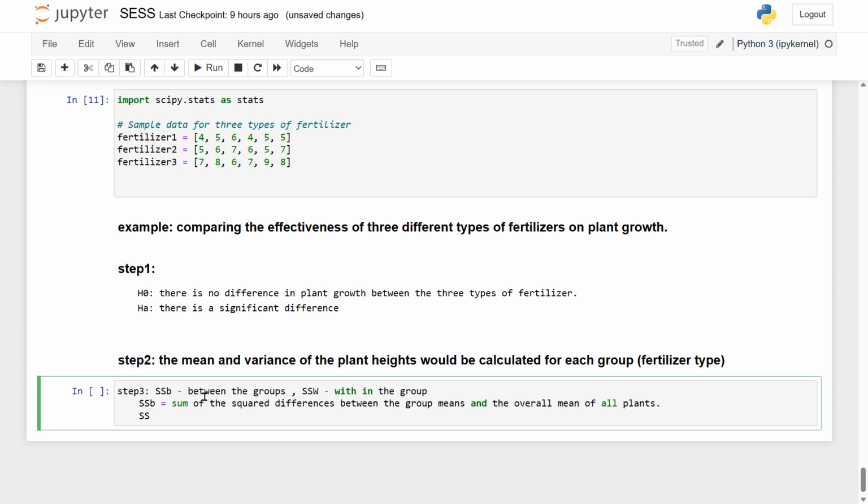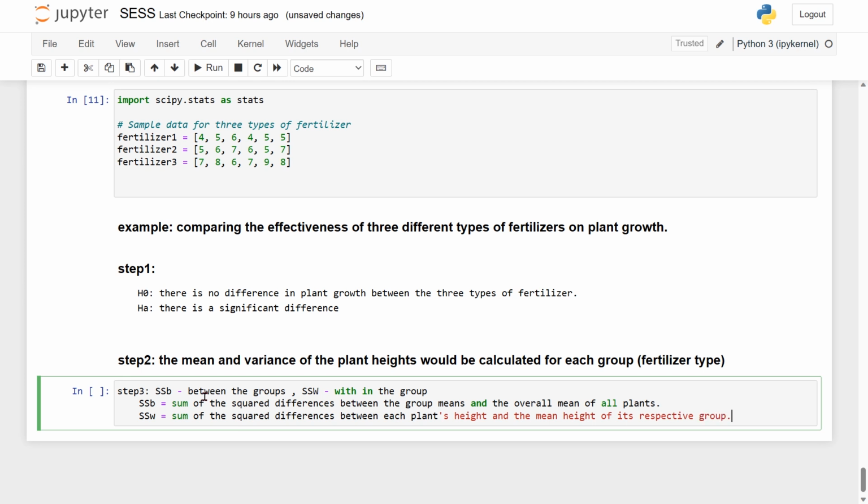And SSW, the within group variance, is calculated as the sum of the squared differences between each plant's height and the mean height of its respective group.